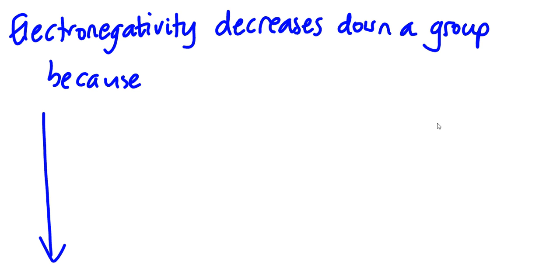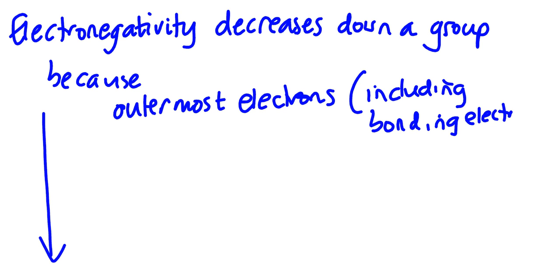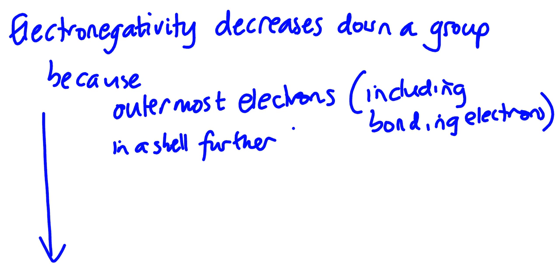Okay, so the first thing is the outermost electrons, and I think we need to get onto this at some point, including the bonding electrons, because really that's what we're talking about. We're not just talking about any old outermost electron, we're interested in the bond pair. So the bonding electrons are in a shell further from the nucleus. That's the first point.